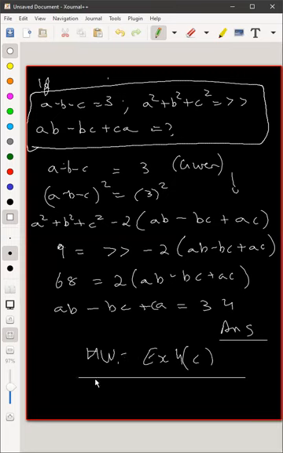Okay, for homework, please do exercise 4C. Will you be able to finish it today? There are only 8 sums. Yes, sir. Please try to finish 4C today, because we have to do more expansions tomorrow. And then after that, we have a few more identities also to cover before we can try to finish this chapter, probably this week.